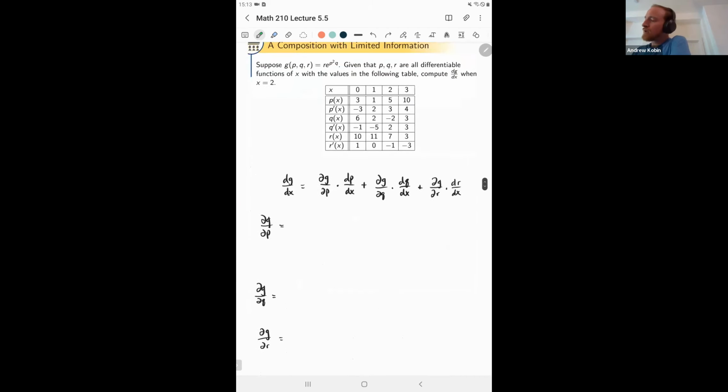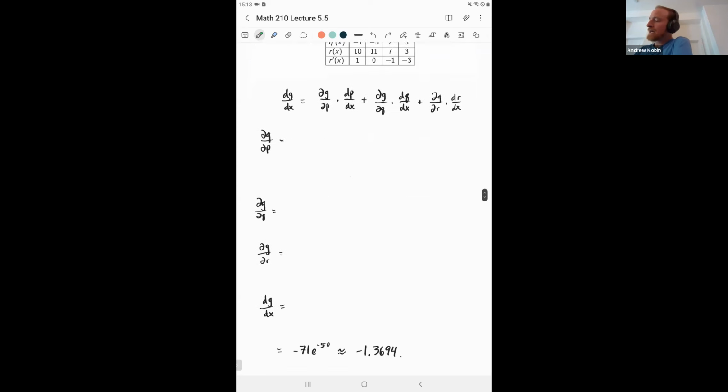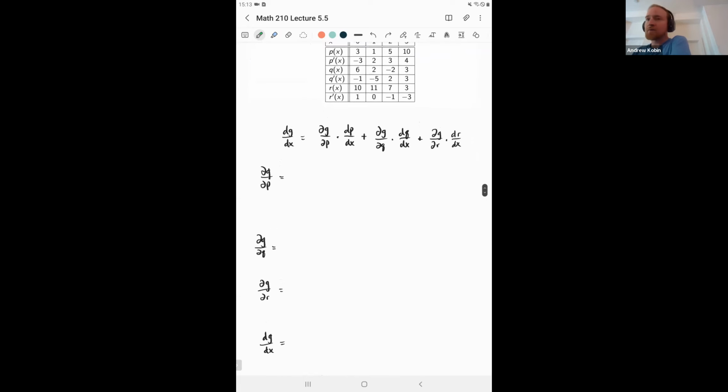In order to work out parts of this formula, we're going to need an expression for the partial of g with respect to p, with respect to q, and with respect to r. And at the end of the day, oh, you see there's an answer at the bottom, so don't look too closely if you don't want the answer spoiled. We'll also need an expression for each of the single variable rates of change, but we'll get those from the table.